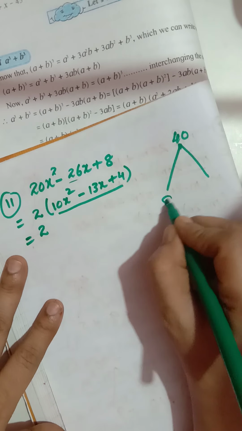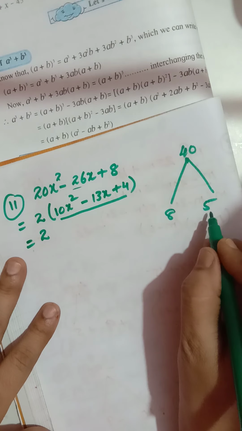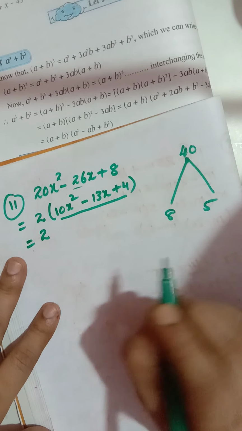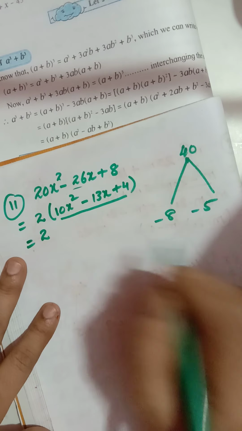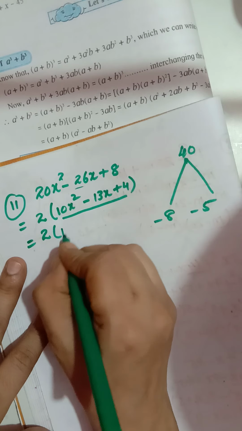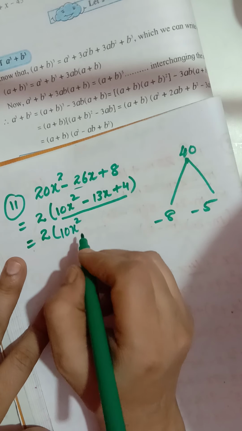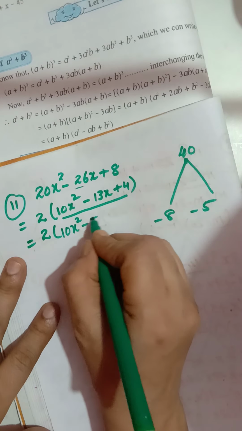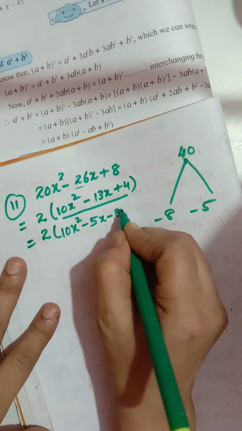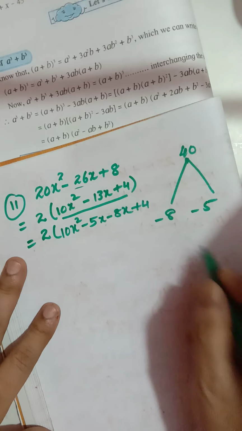We know that 8 5s are 40, 8 plus 5 is 13, but we want minus 13, so we'll take minus 8 minus 5. Now inside the bracket, 10x square, I am writing minus 5x minus 8x plus 4.